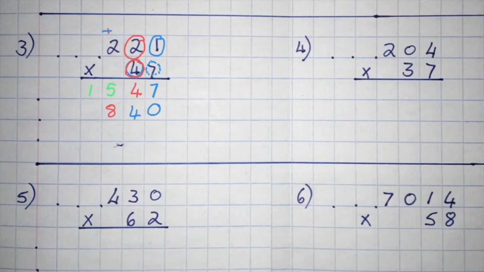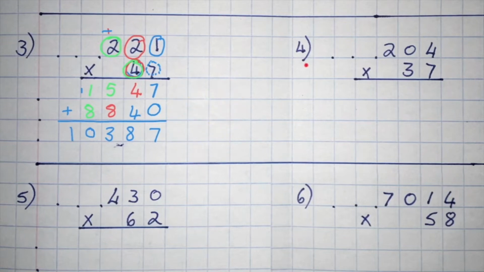And then the 4 is going to be multiplied by this 2, also giving me 8. There are no further digits, so that line is done. What's left to do is add. 7, 8, 13, there's a carry, 8 and 1 is 9, and another 1 is 10. And there you go, that sum is done.